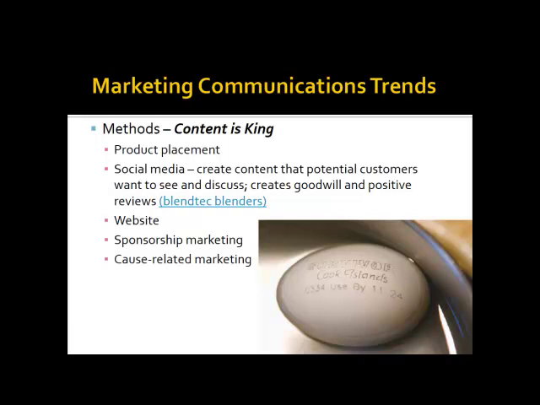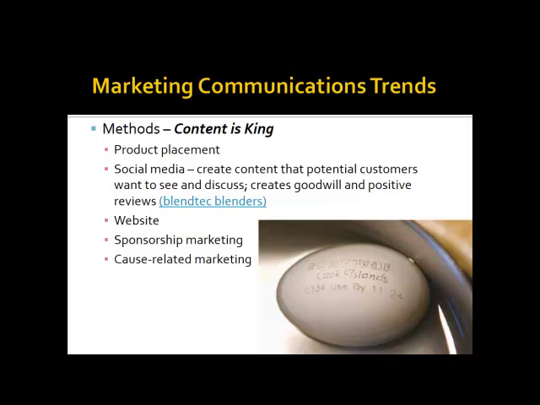Sponsorship marketing, sponsoring different groups, endorsing different groups, the Olympics. Think about college football during January and late December. It's all those bowl games. They're all sponsored by a company or multiple companies. Their brand name, their company name is shown on the scoreboard and the scores mentioned many times.